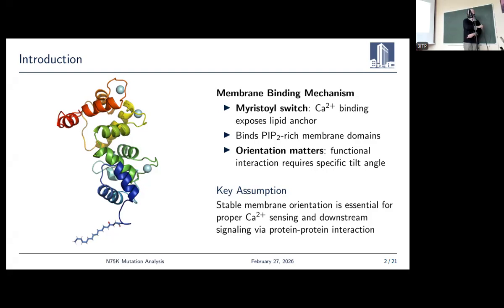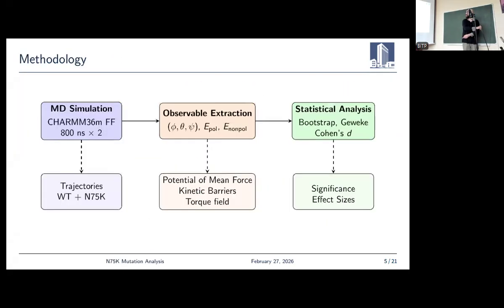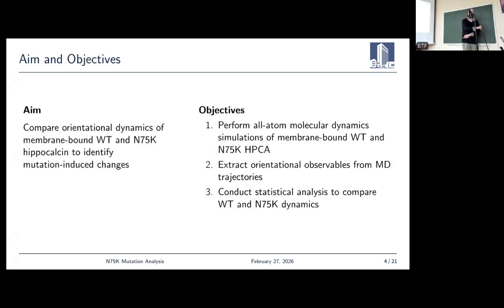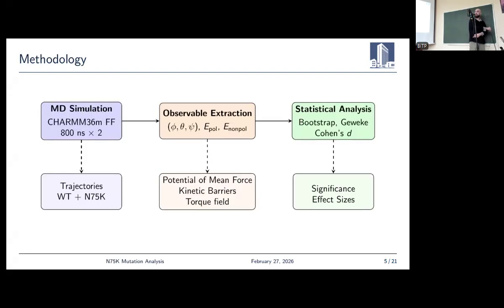Okay, so let's go from aim and objectives to observables, to methodology.